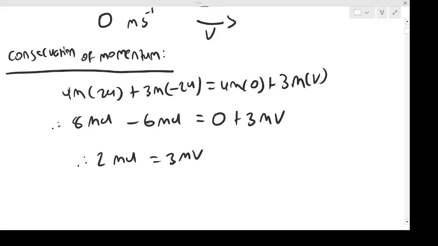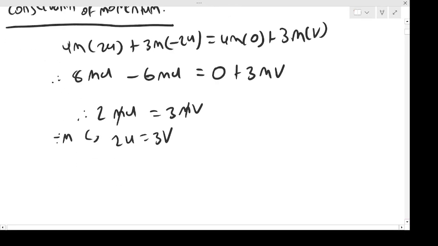Now I can divide by m and cancel the m's out. So I get 2u is 3v, and so therefore I can get v. If I divide by 3, v is 2 over 3 lots of u.